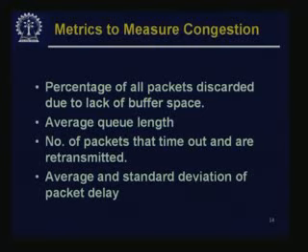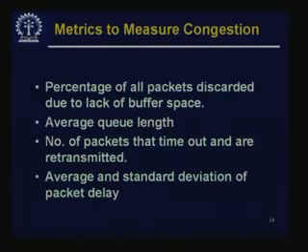So if we say that there is some congestion, we have to have some way of measuring congestion, or some metrics for measuring congestion. These are some examples of things that you can look at. One is the percentage of all packets discarded due to lack of buffer space. Another measure is the average queue length in the buffer.